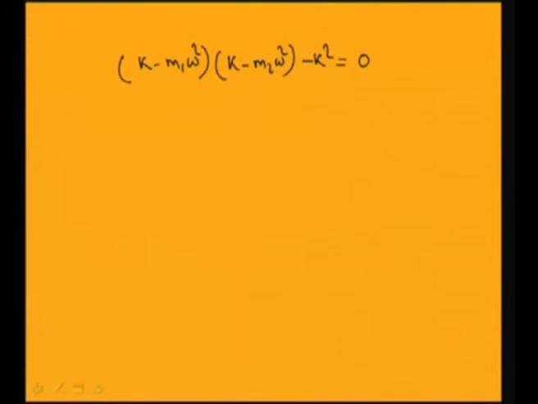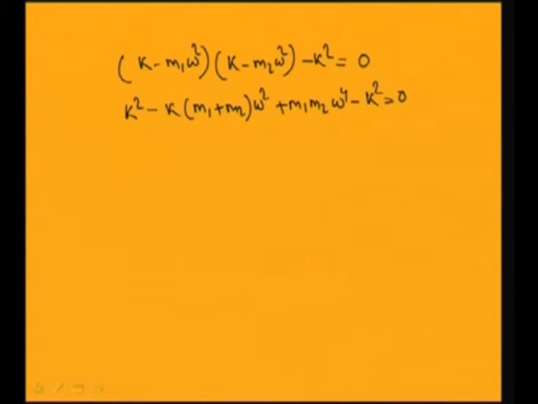So I will multiply this. I can write this equation in this form: k square minus k into (m1 plus m2) omega square plus m1 m2 omega fourth minus k square equal to 0.